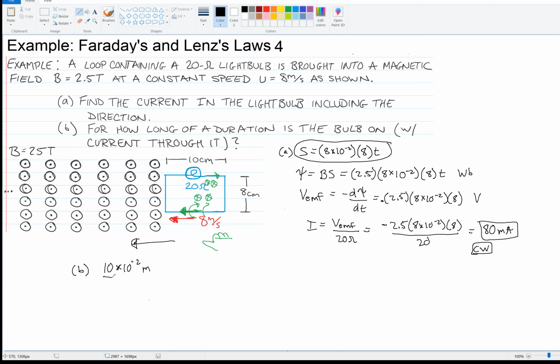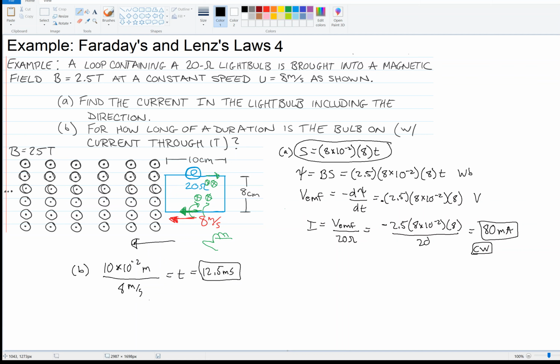So if I take 10 times 10 to the minus 2 meters, and divide it by 8 meters per second, which is the speed of that thing, this is the time then in seconds for this thing to travel 10 centimeters. And so that turns out to be 12.5 milliseconds.